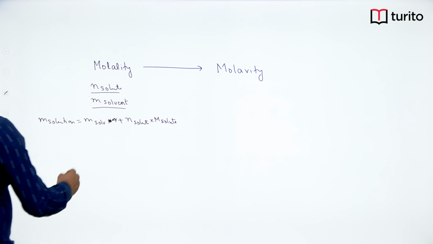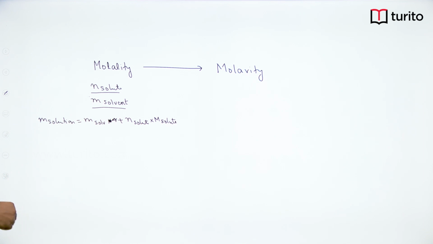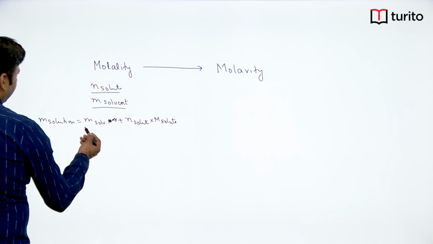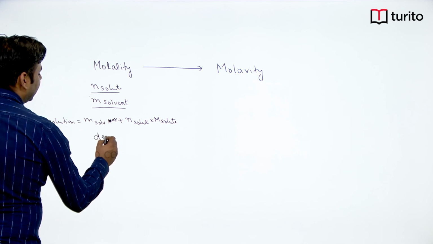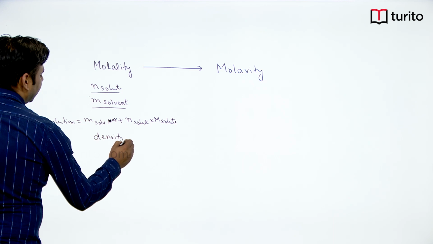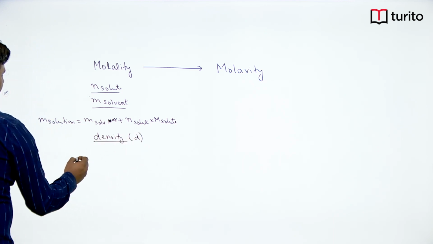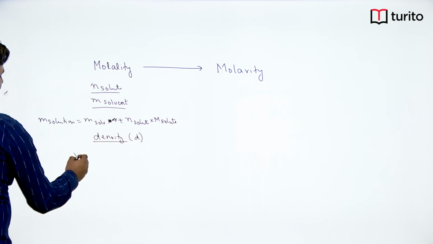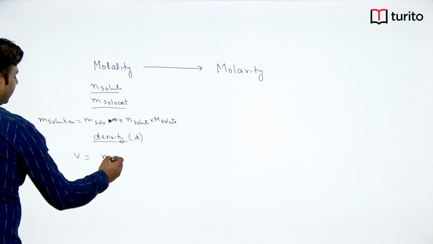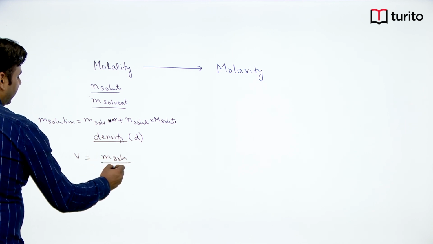So again, for calculation of molarity, we would need number of moles of solute, which we know over here, divided by volume of solution in liter. So we have to find the volume of solution. We know the mass of solution, so again we need density over here. If a density is given to you, I can write volume as mass of solution upon density.